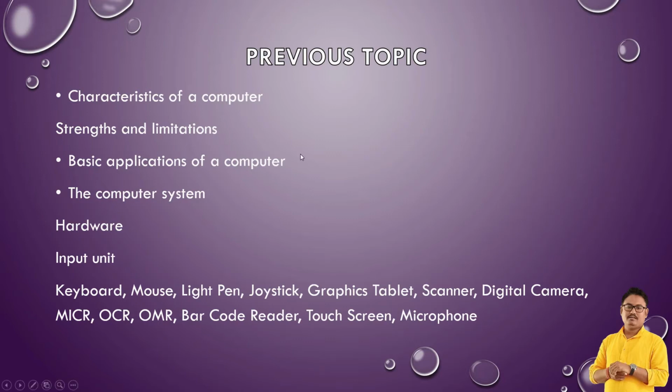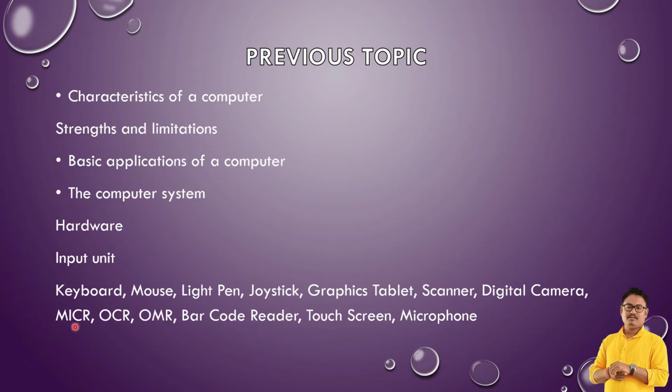Characteristics of a computer, we have already completed. Strengths and limitations, we have completed. Basic applications of a computer, the computer system, hardware, we have completed. Under hardware, input unit: keyboard, mouse, light pen, joystick, graphics tablet, scanner, digital camera, MICR.